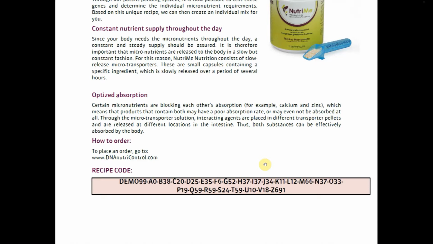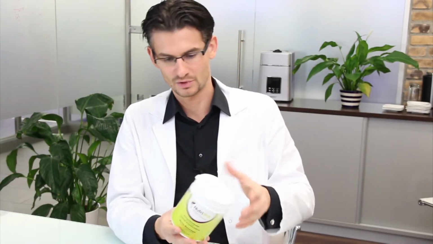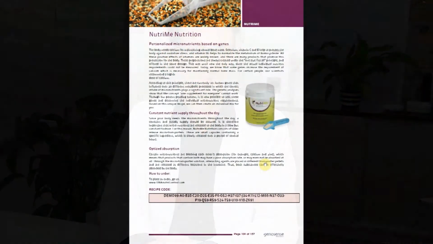And this contains, encoded, the information that we need to create this mix for you. So you order it, then you enter the recipe code, we create it, and then we ship it to you. And you can just try it for 3 months, or you can go for 12 months, and so on. So this is the option of how to order this as an additional supplement in case you want to make sure that you get the right nutrients in addition to the right nutrition.